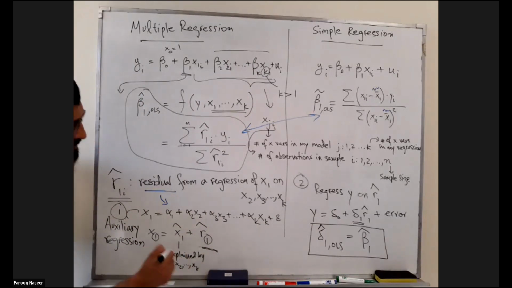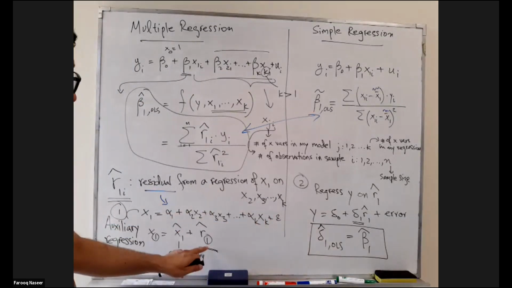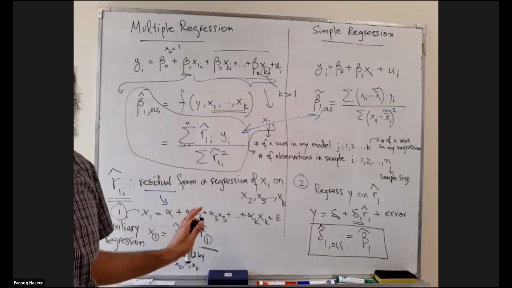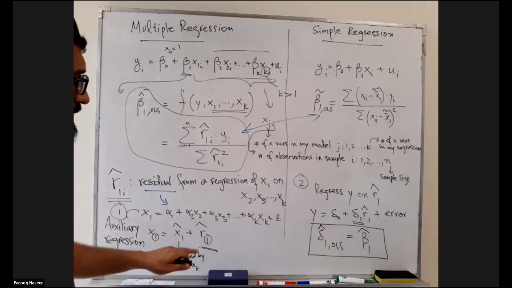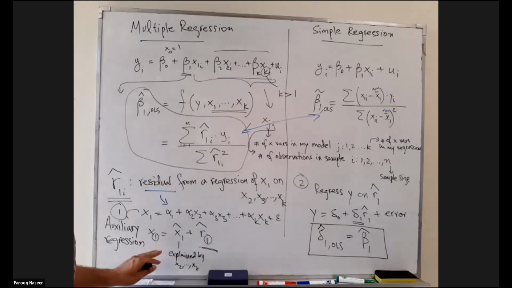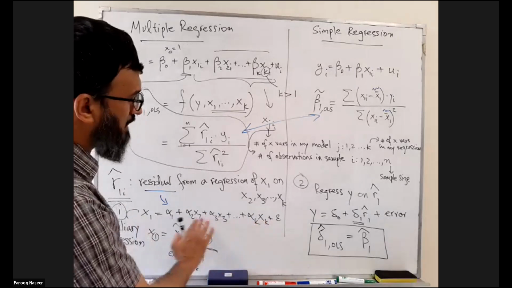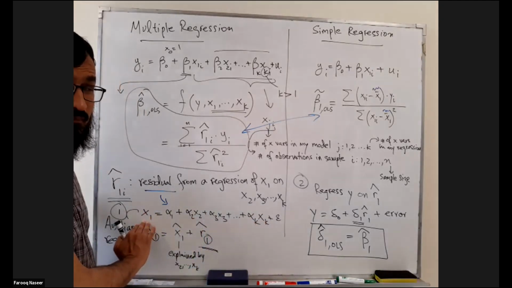There's a part of x1 that is correlated with the other variables, and there's a part of x1 that is not correlated with the other x variables. So think of this residual as the leftover part of x1 after I take away the influence of these variables on x1, right?